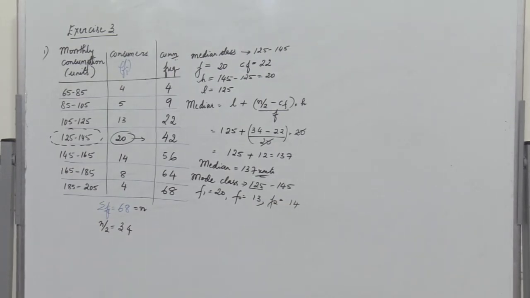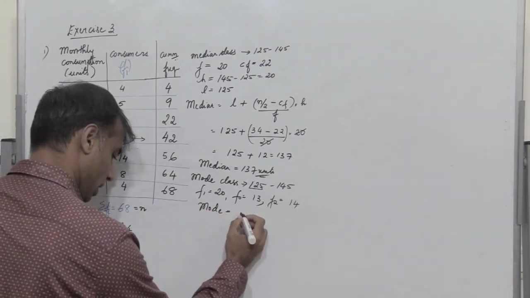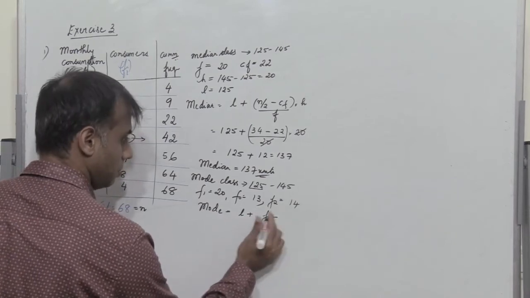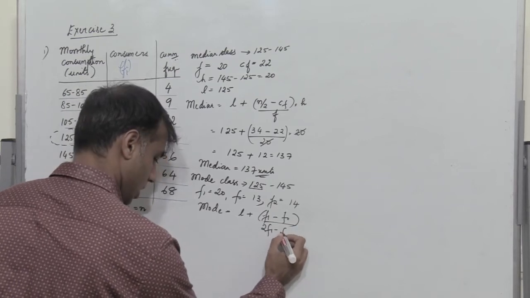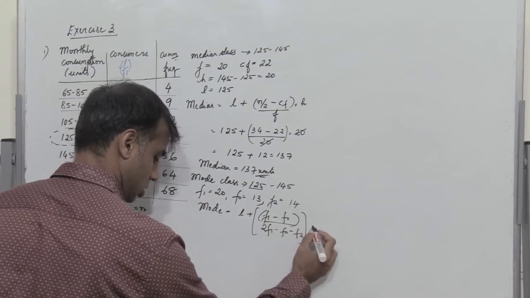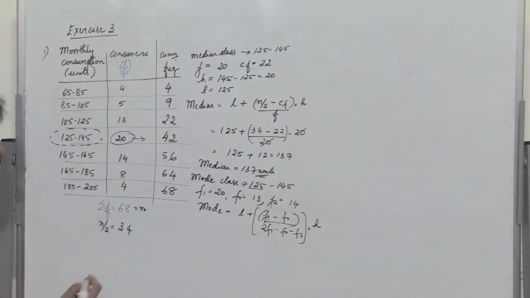Now the formula for mode, I hope you remember. The formula for mode is L plus f1 minus f0 divided by 2f1 minus f0 minus f2, the whole thing into h. Right? So let me substitute the values.